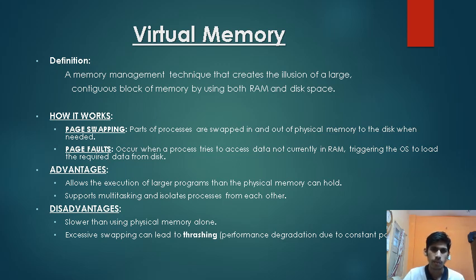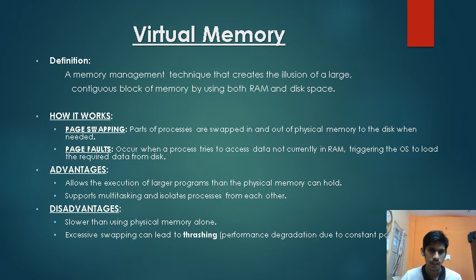Parts of processes are swapped in or out of physical memory to the disk when needed. Page faults occur when a process tries to access data not currently in RAM, triggering the OS to load the required data from disk.